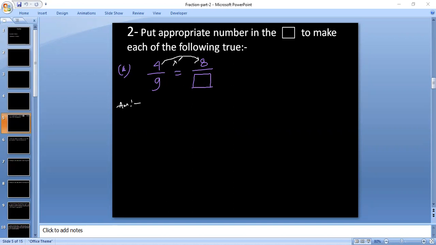If you multiply by 2, you also multiply 9 by 2. 4 by 9 is equal to 4 into 2 by 9 into 2, which is 8 by 18. So in that box, you should simply write 18.